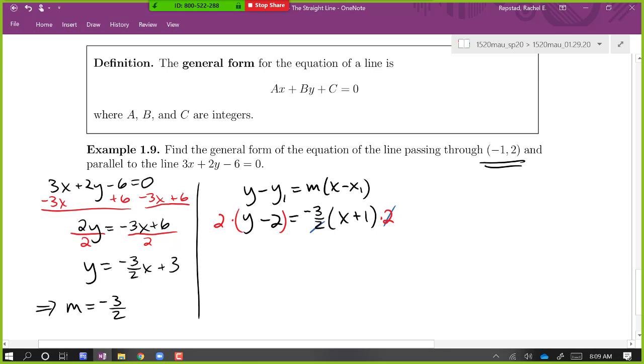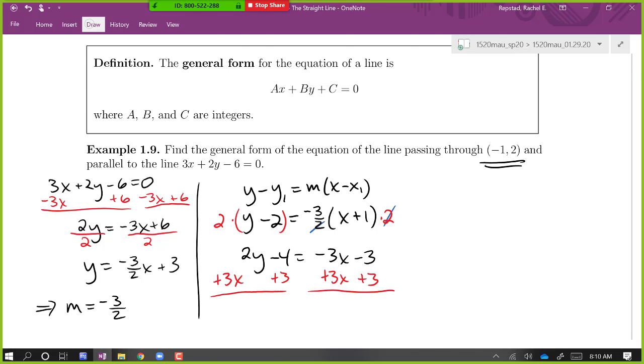So now I'll distribute what's left. So we have 2y minus 4 equals -3x minus 3. And then I'll gather all of my terms on one side. So add 3x, add 3. And we get 3x plus 2y minus 1 equals 0.